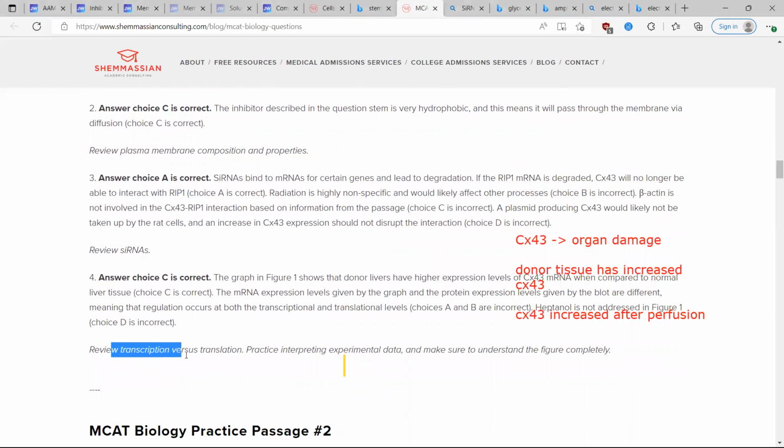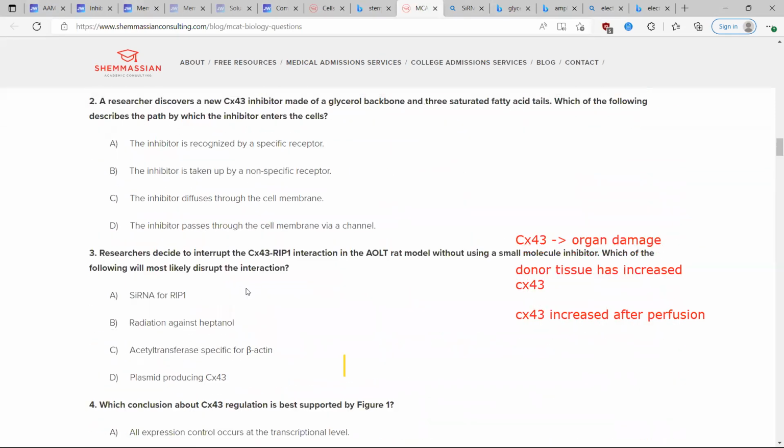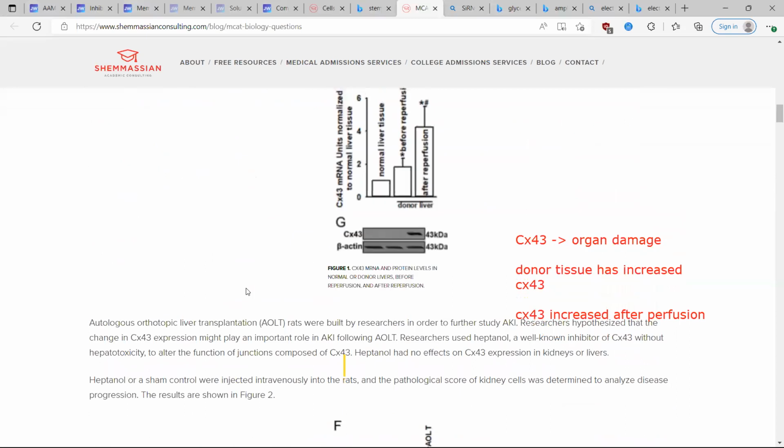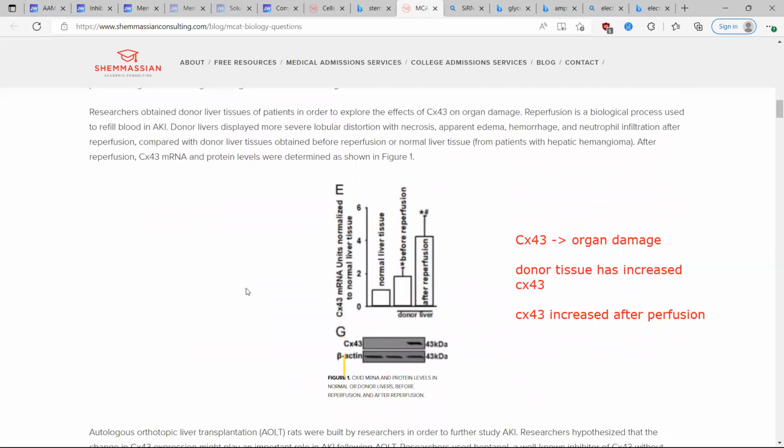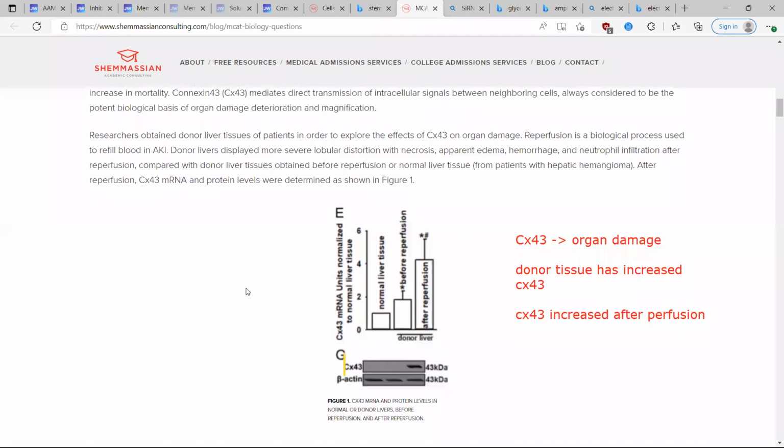So they said review transcription versus translation, practice interpreting experimental data, right? This was the only one that actually made us practice experimental data. So the whole point is, when you read a passage like this, don't get freaked out. Even if you think, oh my God, I have no idea what I read. What are they talking about, right? You don't need to necessarily know everything they're talking about.